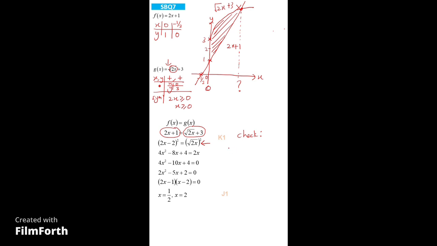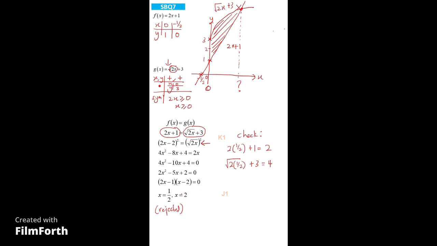When you substitute x with 1 over 2, you will get 2. And if you substitute into the right hand side with 1 over 2, you will get 4. So x equals 1 over 2 is not the answer, so we need to reject it.